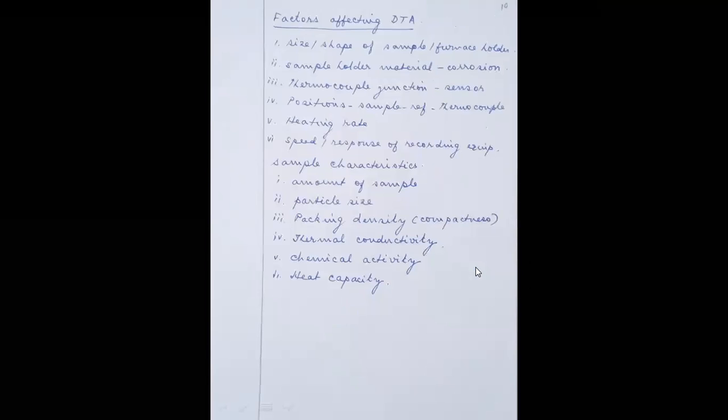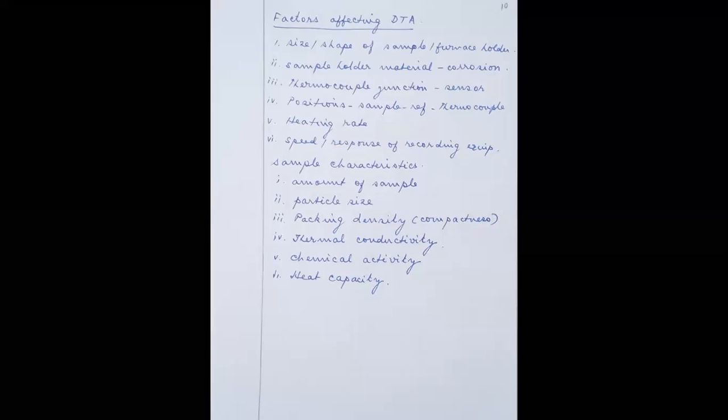Another thing, what are all the different factors affecting the differential thermal analysis? Size and the shape of the sample or the furnace holder. And the other one is a sample holder material. Suppose if you are having a sample holder, and the material in which the sample holder is made is a corrosive one, then what will happen?